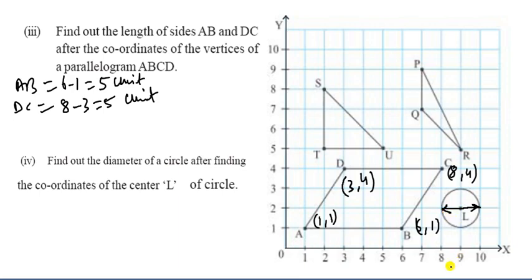So let us see what will happen in the next part of this question. Find out the diameter of the circle. So you have to see, this is the diameter.